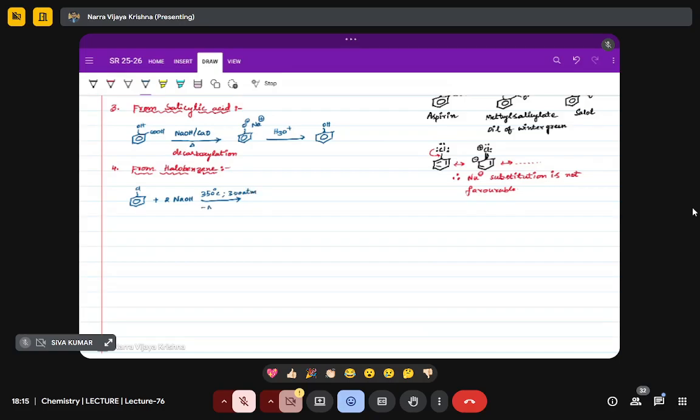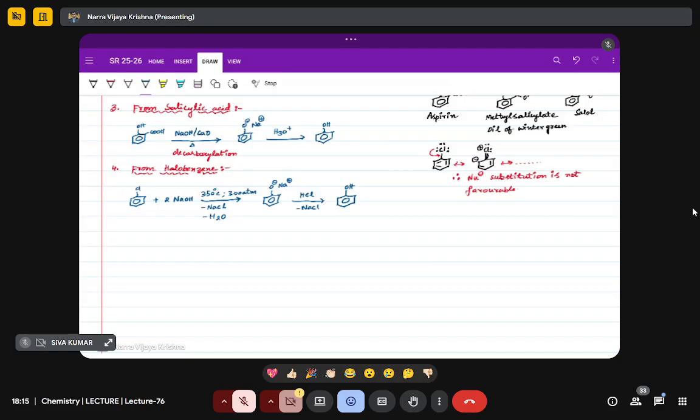Then NaCl is lost, H2O is lost. So then the product will be again sodium phenoxide, correct or not? As we are providing basic medium, you will get sodium phenoxide. Now it is allowed to react with H3O plus. I am adding HCl. On adding HCl, NaCl is lost, leading to formation of phenol.